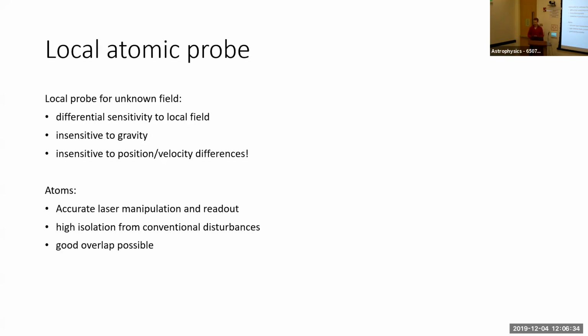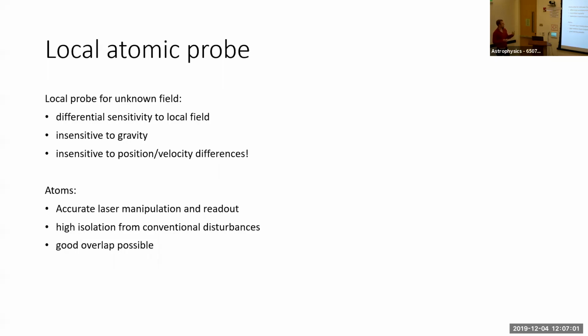Okay, so why are atoms good probe particles for all kinds of measurements? So the first thing is you can isolate them very well from any conventional disturbance. That works really well. And the more important thing, though, is that you can manipulate and read them out with accurate lasers.